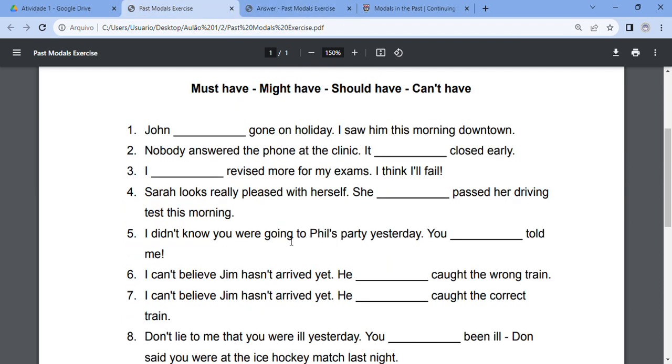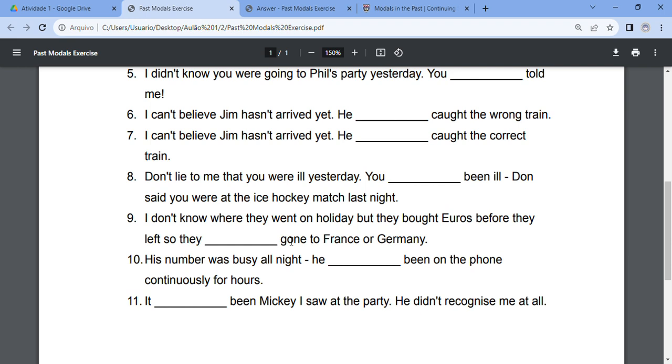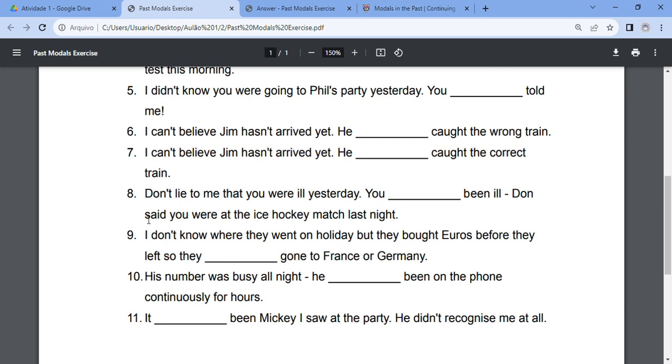Next one. Don't lie to me that you were ill yesterday. You something being well, don't say you were at the ice hockey. Don is probably the person that said that the other person was somewhere. You got the situation, right? Don't lie to me that you were ill yesterday.